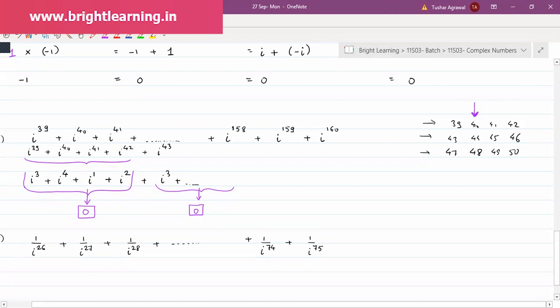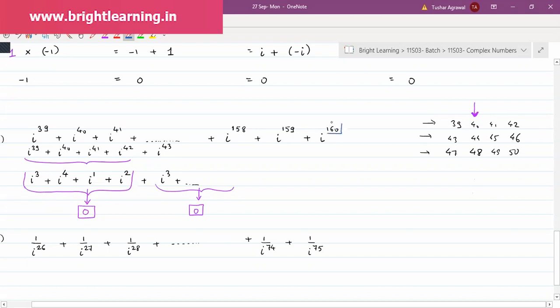Okay, no worries. See, you have to form a group of four terms, so you can see that whatever is a multiple of 4, 40, 44, 48, 52, 56, 60, the multiple of 4 is operating at the second position. So here at the last, the multiple of 4 is 160.